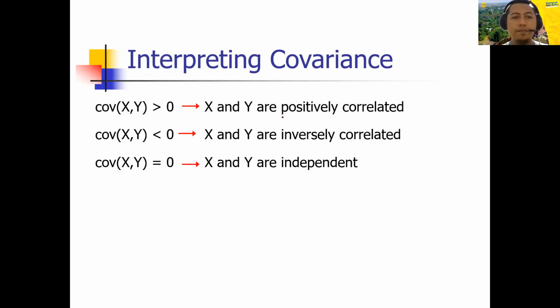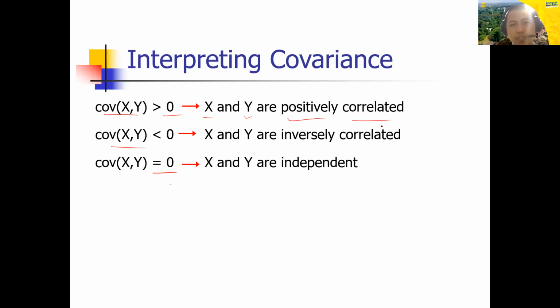Regarding the possible values of the covariance, we will have the covariance greater than 0, less than 0, and equal to 0. What does it mean? If we have covariance greater than 0, it means that x and y are positively correlated.